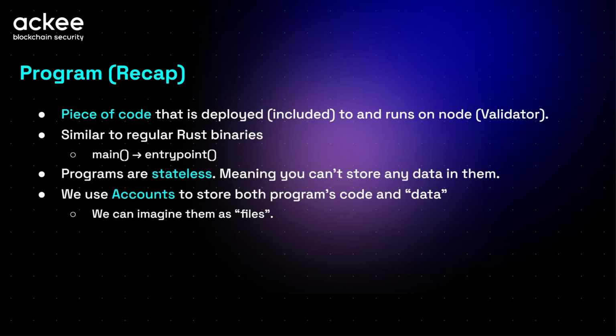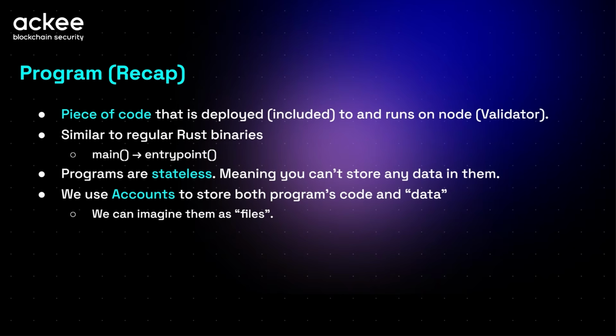Programs are stateless, meaning you cannot store any data in them. If you execute the program once and then a second time, the program does not store data in some storage of its own. Everything you would like to store between program executions, you need to store within accounts, or more precisely data accounts.